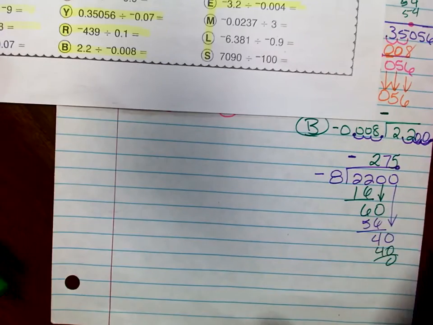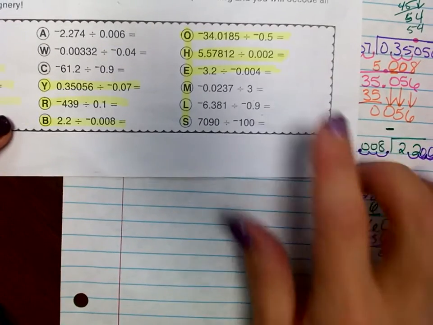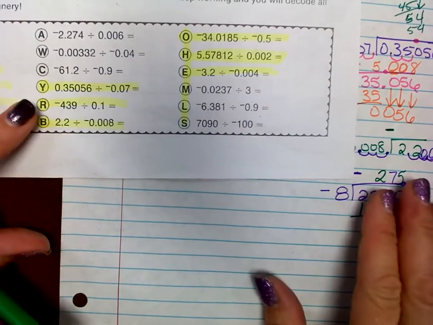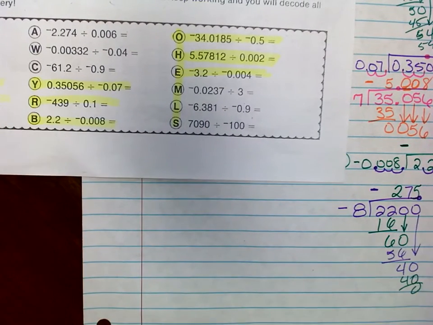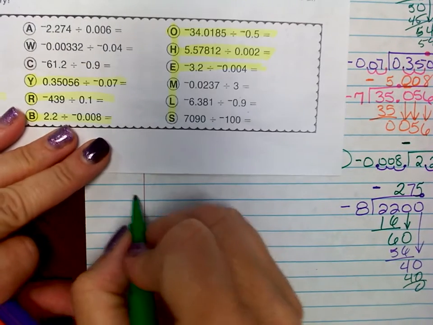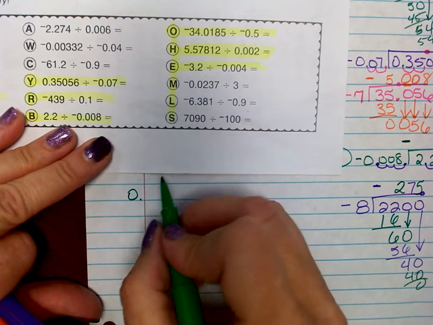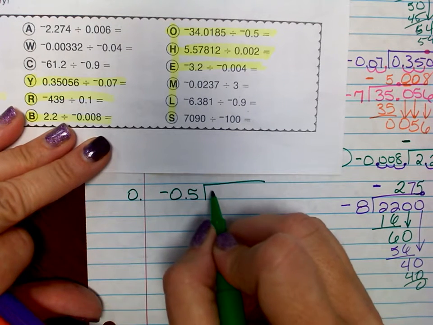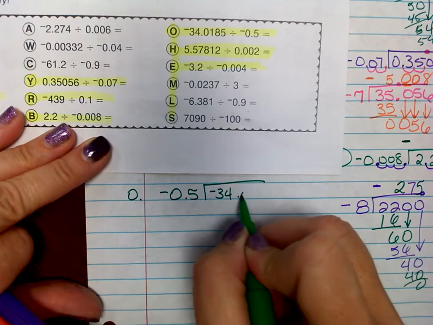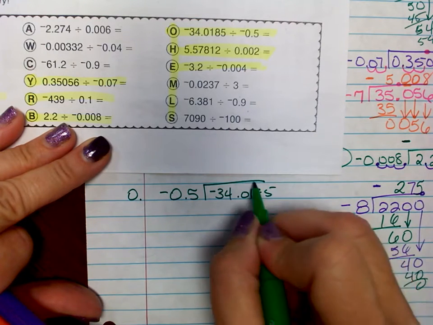Okay, let's look at O right here. I'm going to work out the first 3, and I might help you set up the last 3, but I'm not going to work the last 3 out. So O is there, negative 0.5, negative 3,4.0185.